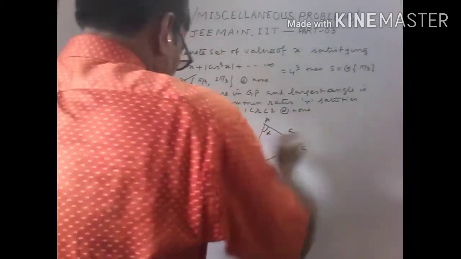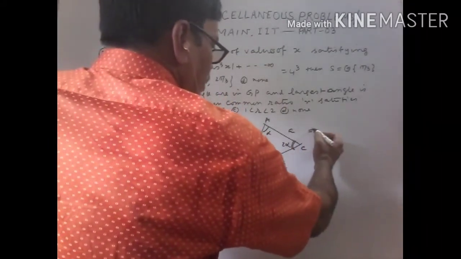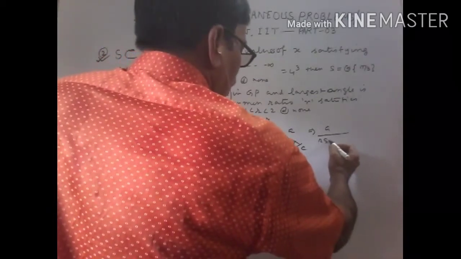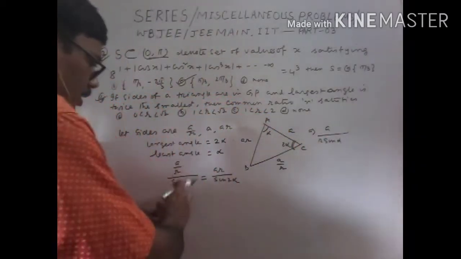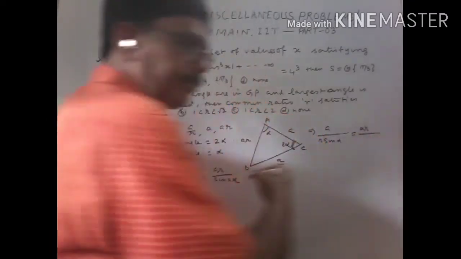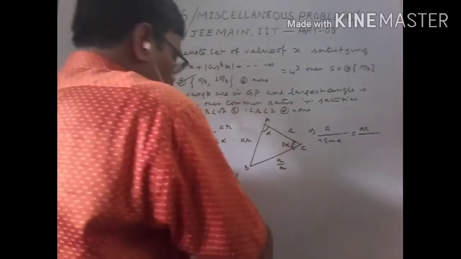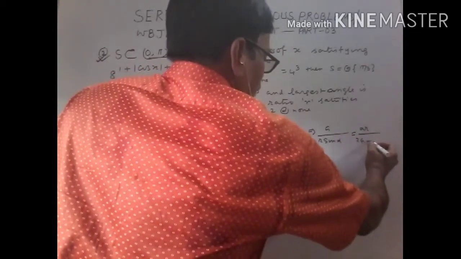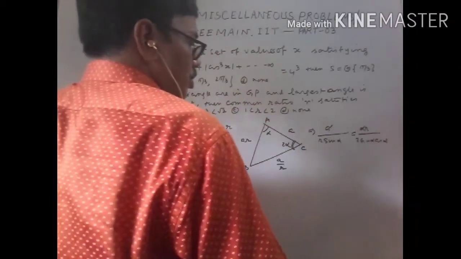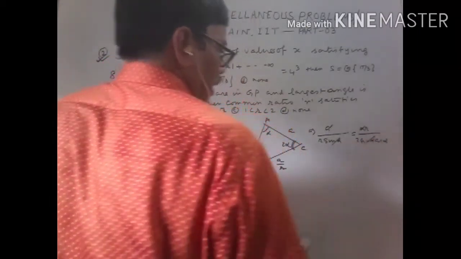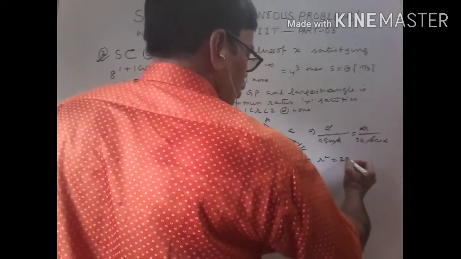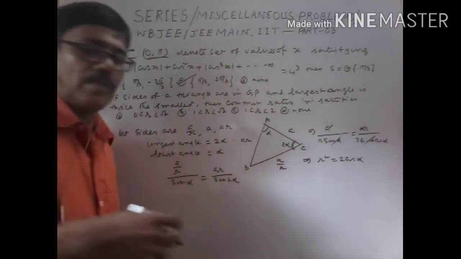This implies a by R sine alpha equals aR by sine 2 alpha, which is 2 sine alpha cos alpha. If a is not equal to 0, a cancels and sine alpha cancels. So what we are getting is R square equals 2 cos alpha.